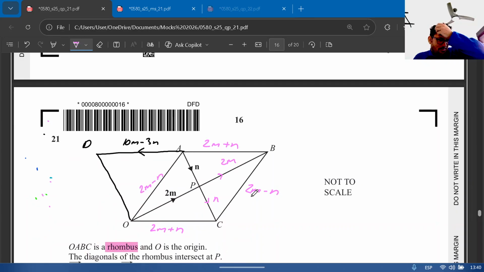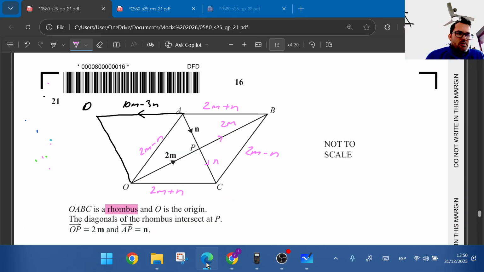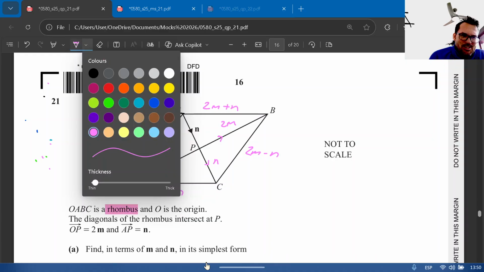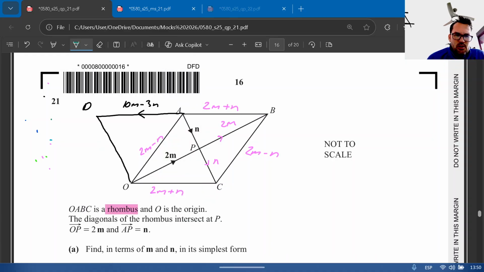Okay. Right, but after staring at this trapezium for a significant amount of time, let's see what this trapezium will be labeled. This trapezium will be labeled ODBC, right? ODBC. Or if you go the other way around, OCBD.